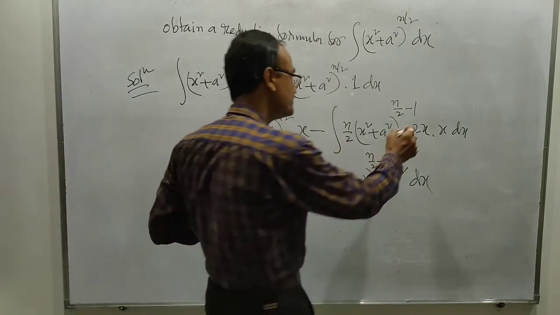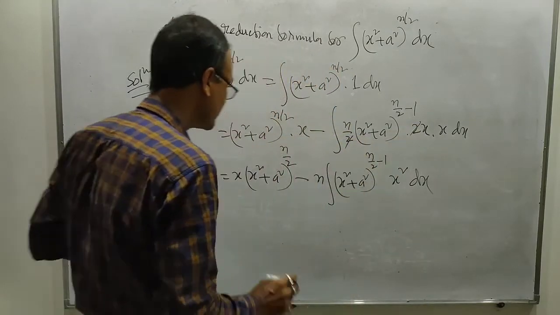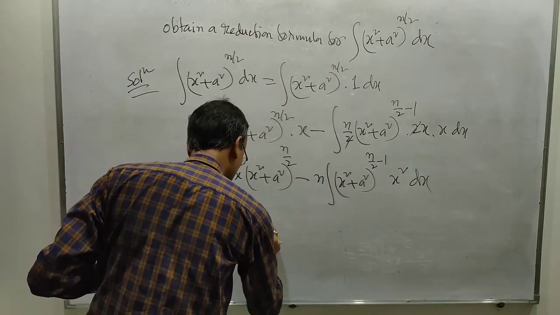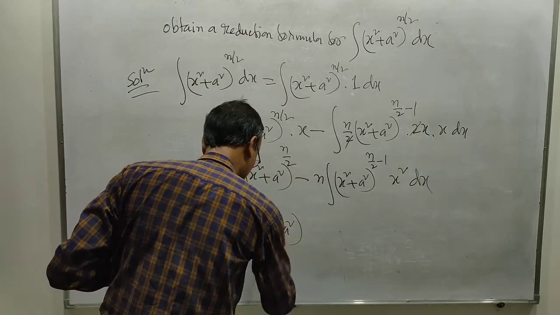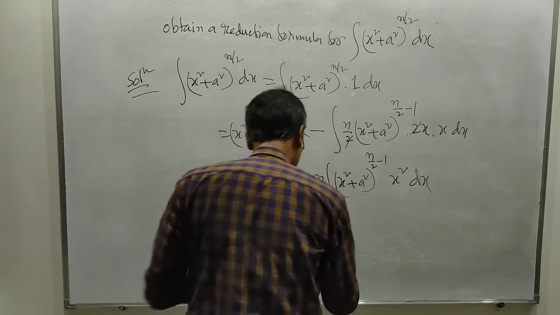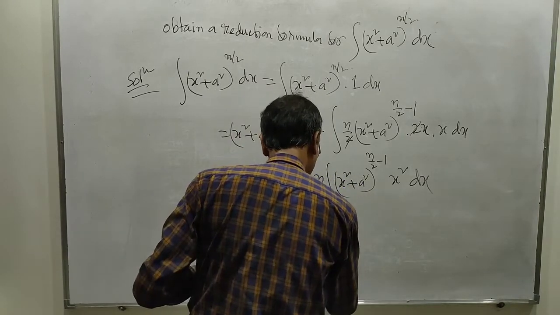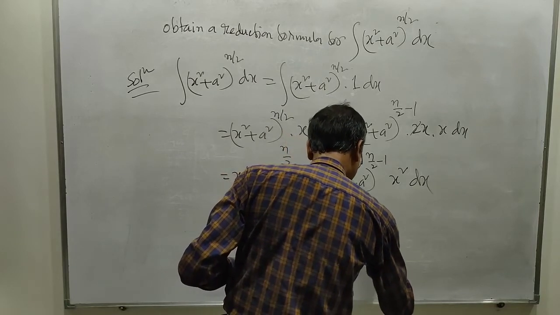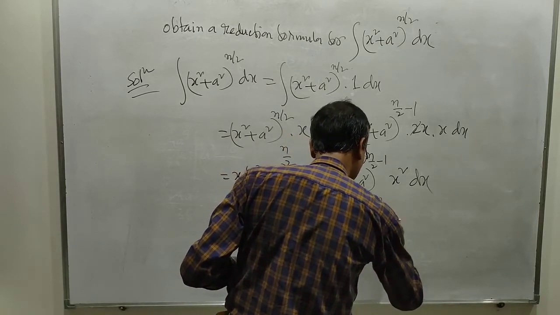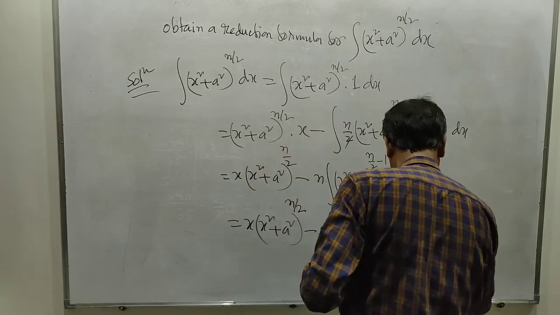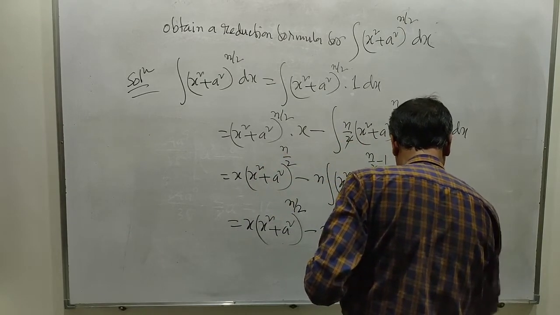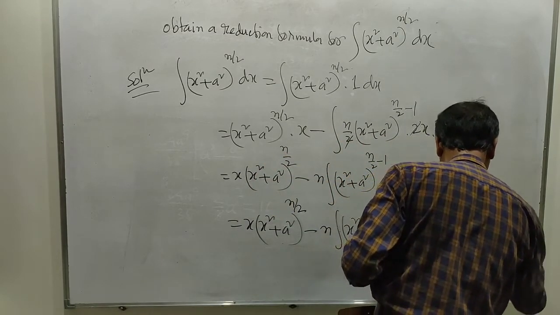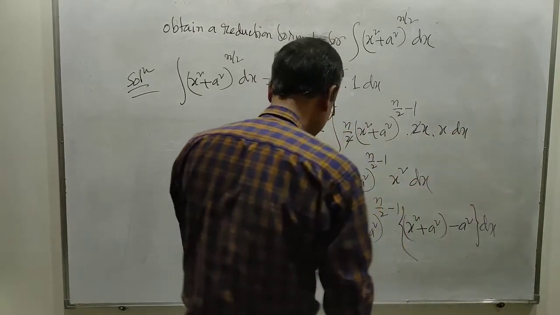This 2 cancel, 2 cancel. You may write like this: this is equal to x into (x square plus a square) whole to the power n by 2, minus n into integral (x square plus a square) whole to the power n by 2 minus 1 into (x square plus a square minus a square), right?